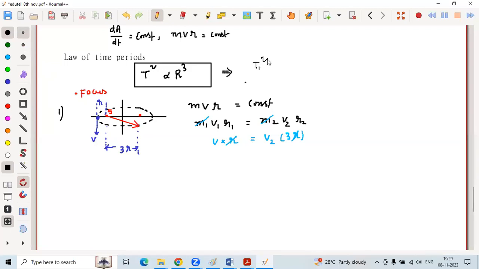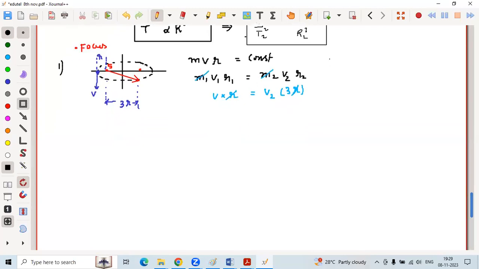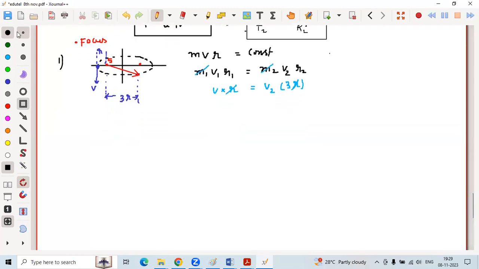This we can write like t1 square by t2 square is equal to r1 cube by r2 cube. While solving numericals, we can write like this. Next, second question.